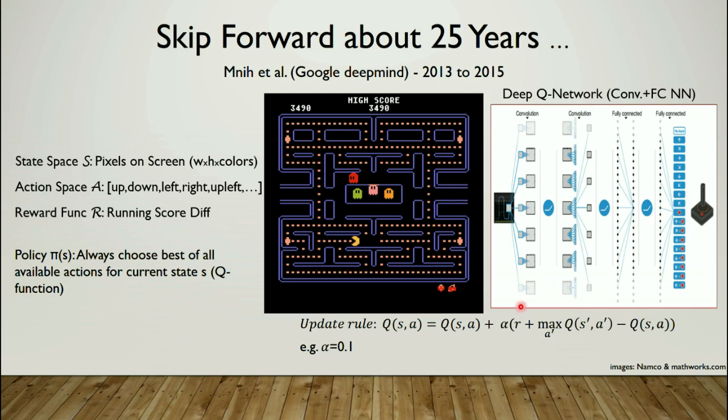Now that we have a neural network instead of a Q table, a neural network that approximates our Q function, of course the last thing that changes is the update rule. But the new one that I'm going to show in a second is still very similar to this original one.